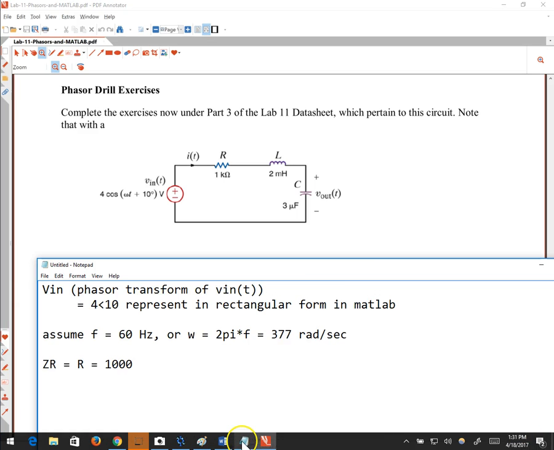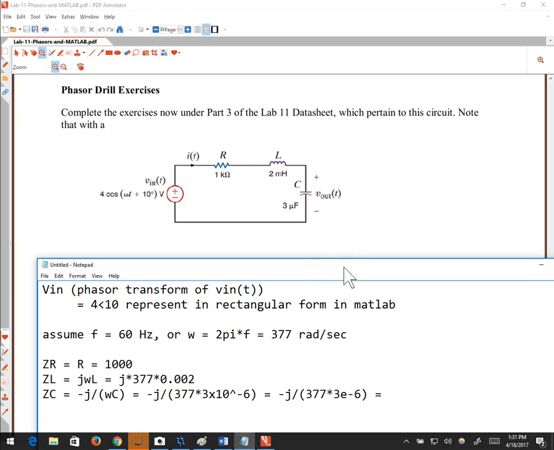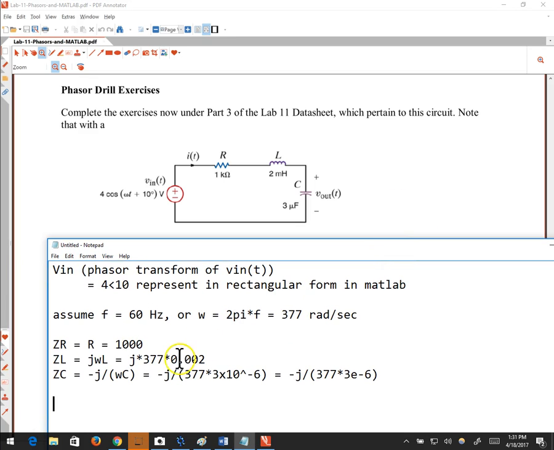So we can find it using the voltage divider formula, or just the series and parallel rules. Series impedances add like resistors, so Z total is going to equal ZR plus ZL plus ZC.